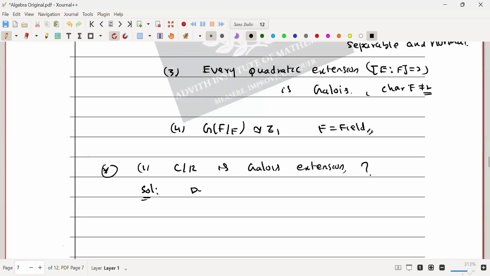Suppose we define an automorphism sigma from C to C. Let sigma from C to C be an automorphism.